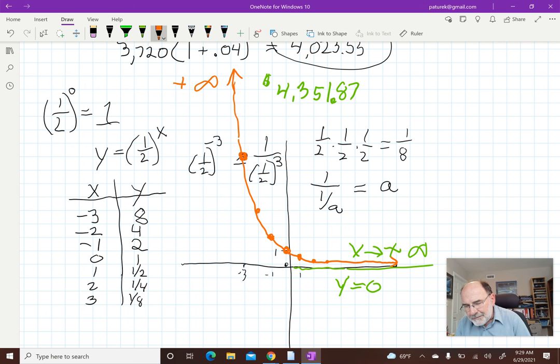So if I ask you what is the domain and the range for this function, well, okay, I'm sorry, I'm talking about the range here, aren't I?